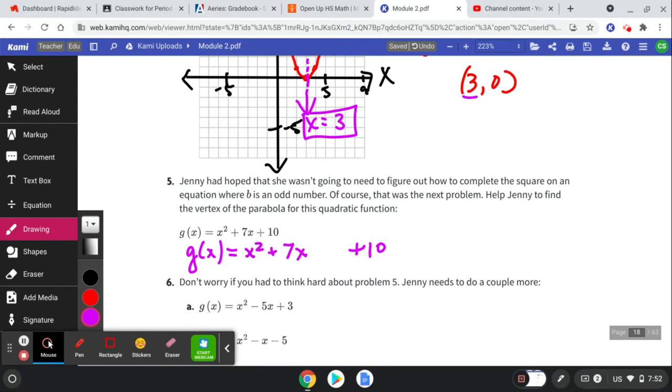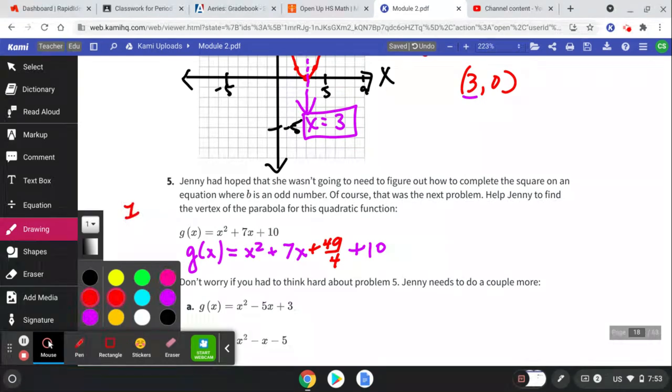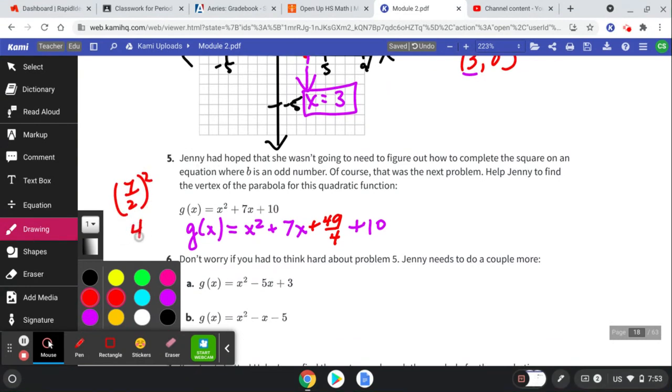So half of 7 is 7 halves. 7 halves squared is 49 fourths. I just did this work over here. (b over 2) squared is 49 fourths. If I add 49 fourths to the equation, I need to subtract 49 fourths to balance.